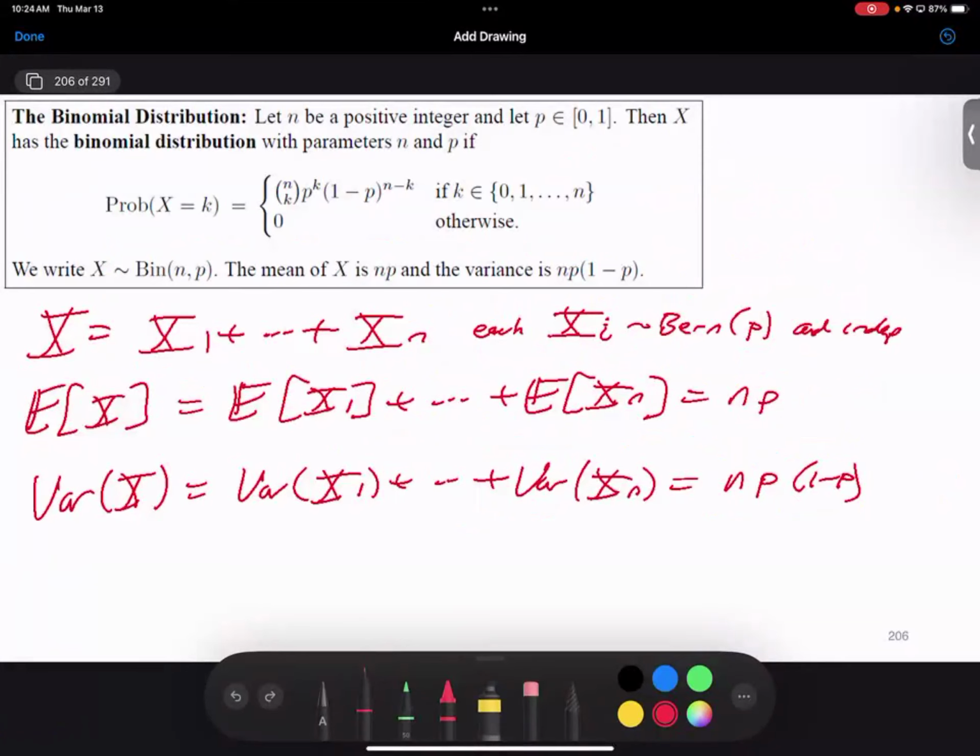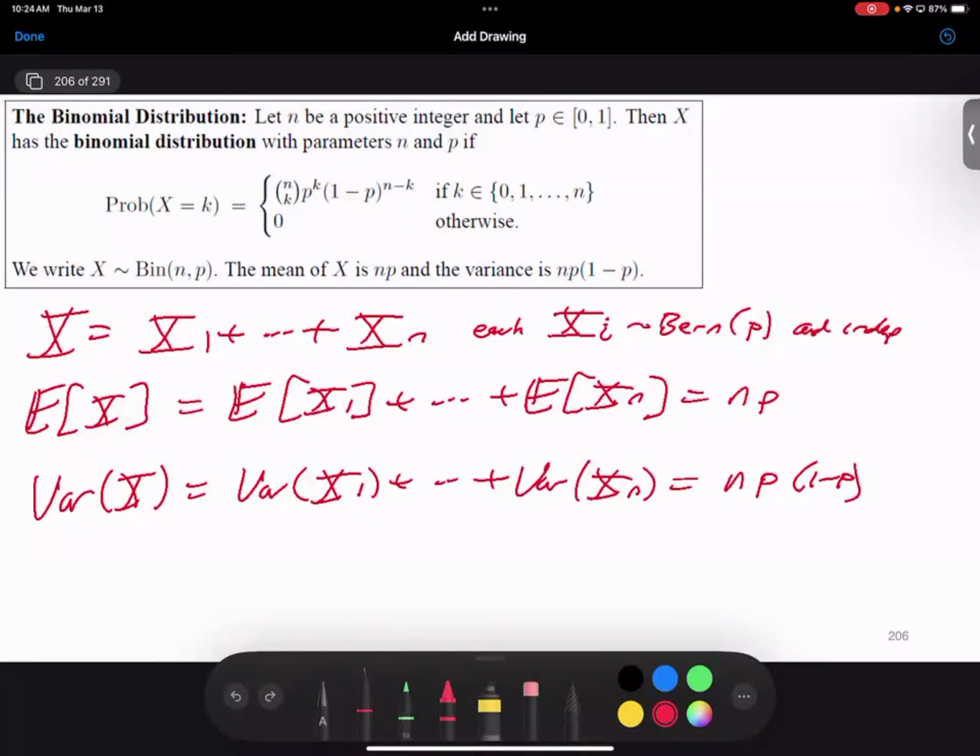We could also try to calculate it by saying, well, the number of heads is just a sum of random variables, what's going on for the first toss, the second toss, all the way up to the nth toss. And so the total number of heads, x, is the sum of n independent, identically distributed random variables. They're all Bernoulli with probability p of success. So the expected value of the sum is the sum of the expected values.